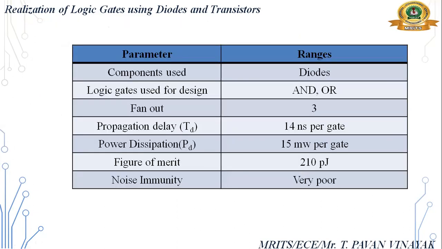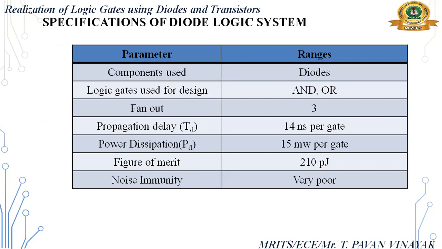So important parameters. The components we used are diodes and resistors. Logic gates, mostly we used are AND and OR. Why am I not including NOT here? For NOT we are using a transformer, right?